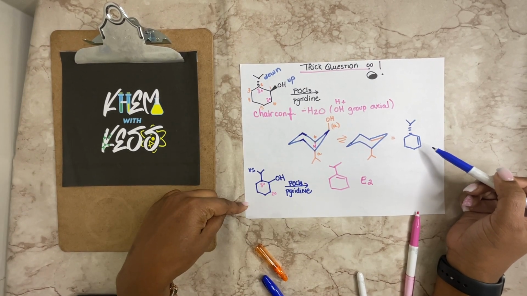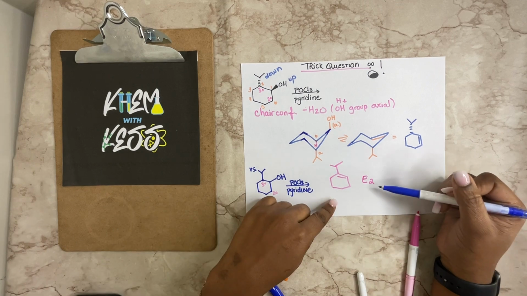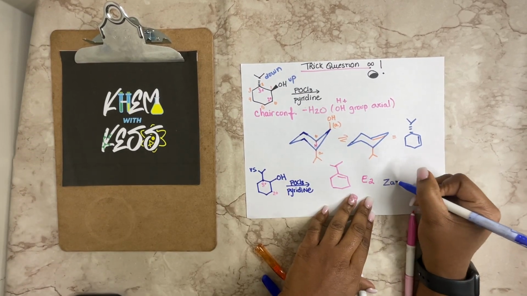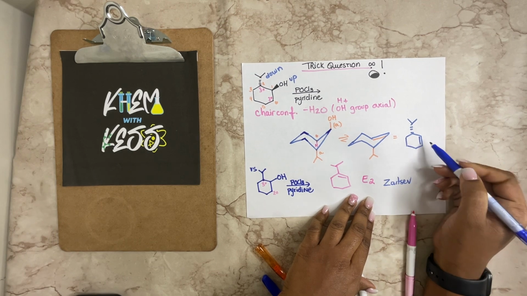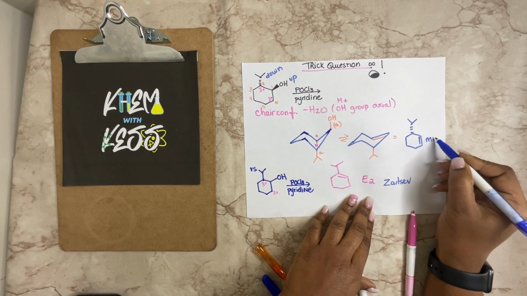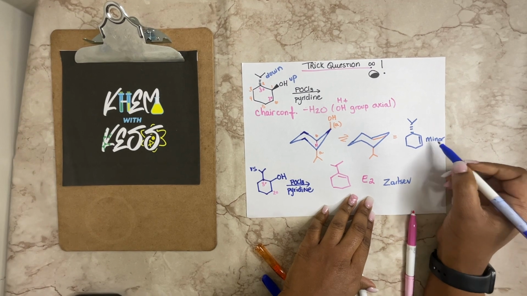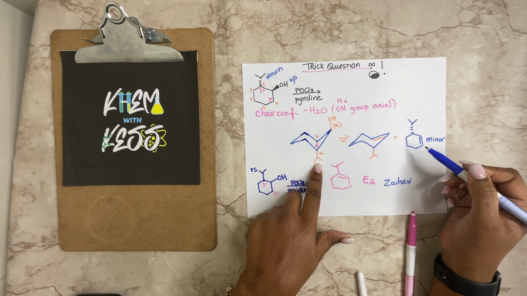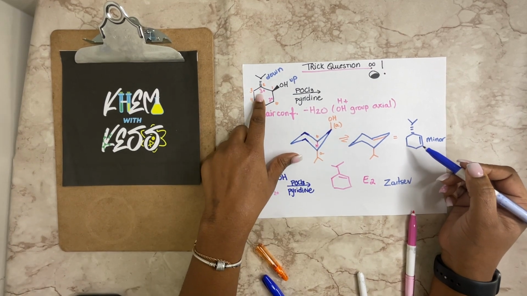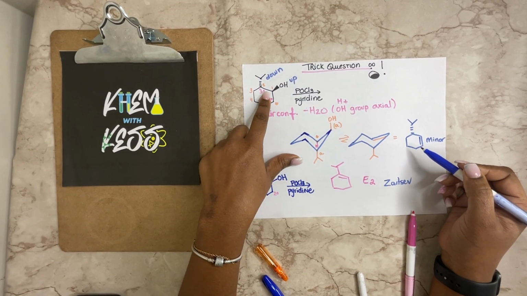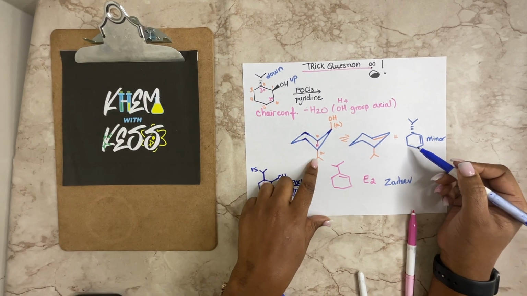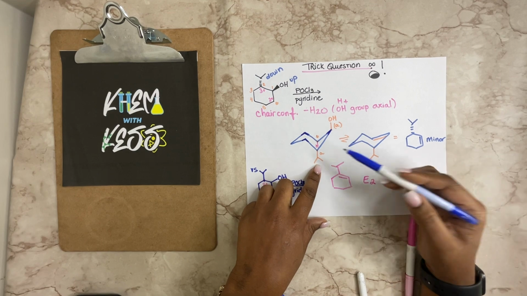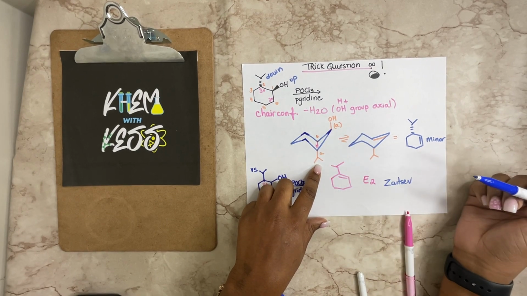If there is no stereochemistry, then you can completely go towards the more stable and create the Zaitsev product. But in this case, the minor product happens also to be the major product, because there's no way, absolutely none, that there could have been a double bond going in between this way, all because the isopropyl group is in the way of creating a double bond going this way.